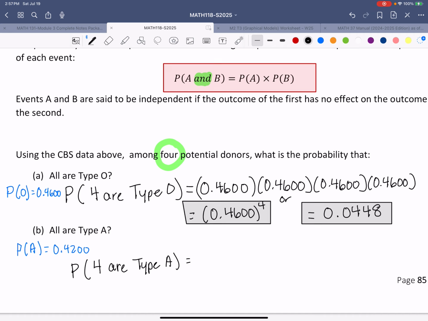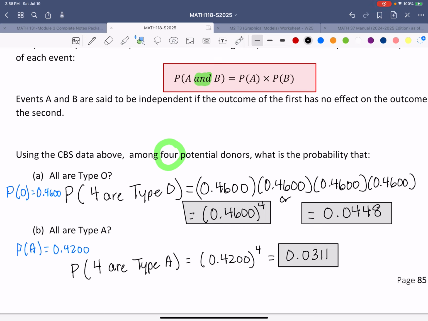So I'm going to write this as 0.4200 all to the power of 4 because there's 4 of them, which gives me a probability of 0.0311 as my final probability.